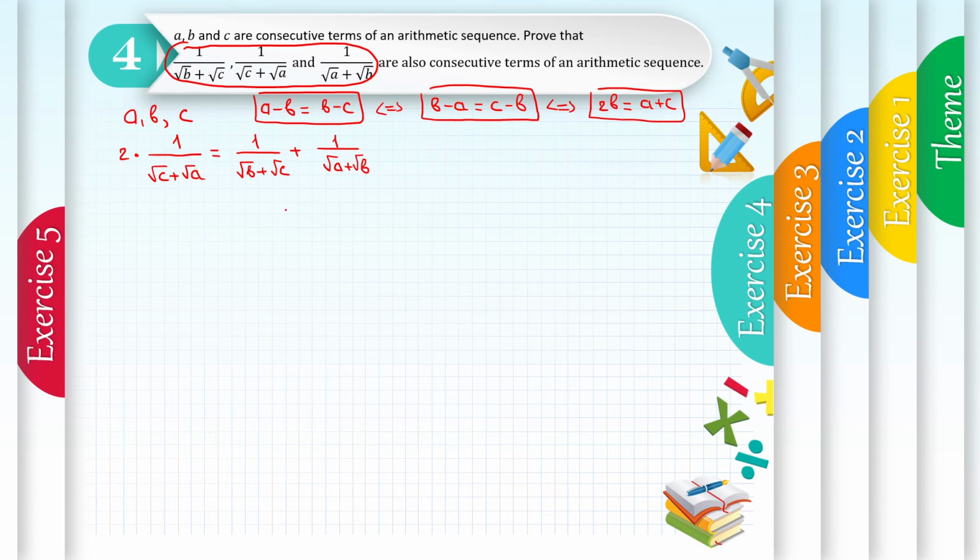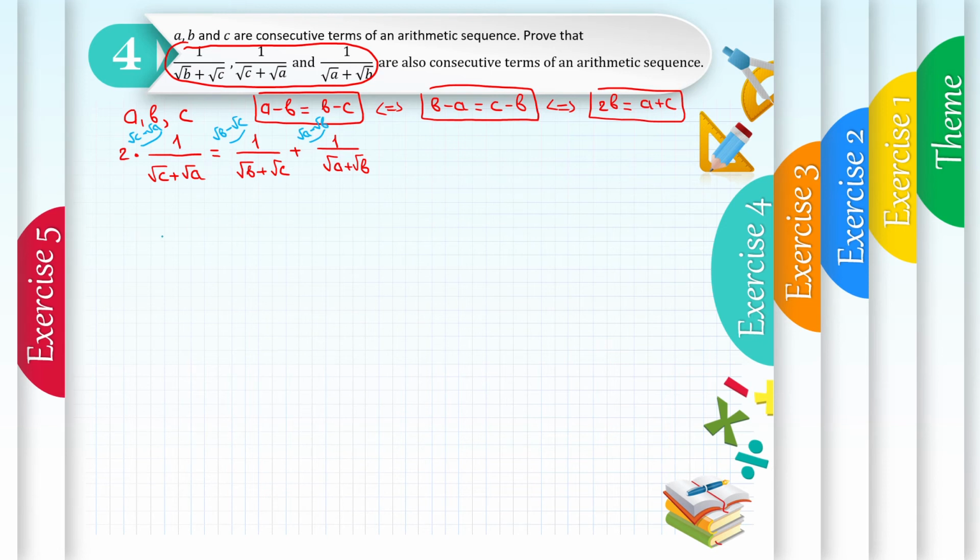What we're going to do next, we are going to rationalize the denominator of each fraction. So for the first fraction, we have to amplify with the square root of c minus the square root of a. The second fraction we have to multiply by the square root of b minus the square root of c. And the third to multiply with the square root of a minus the square root of b.